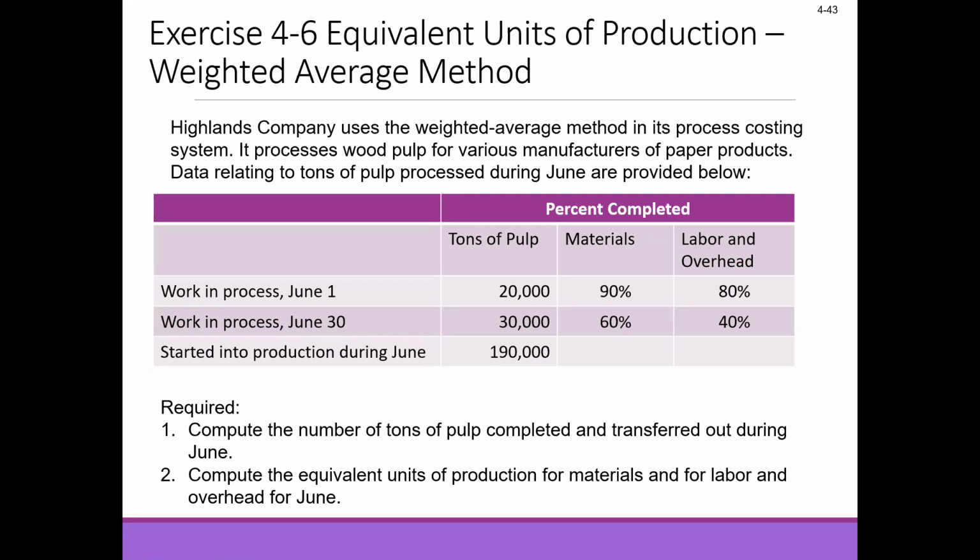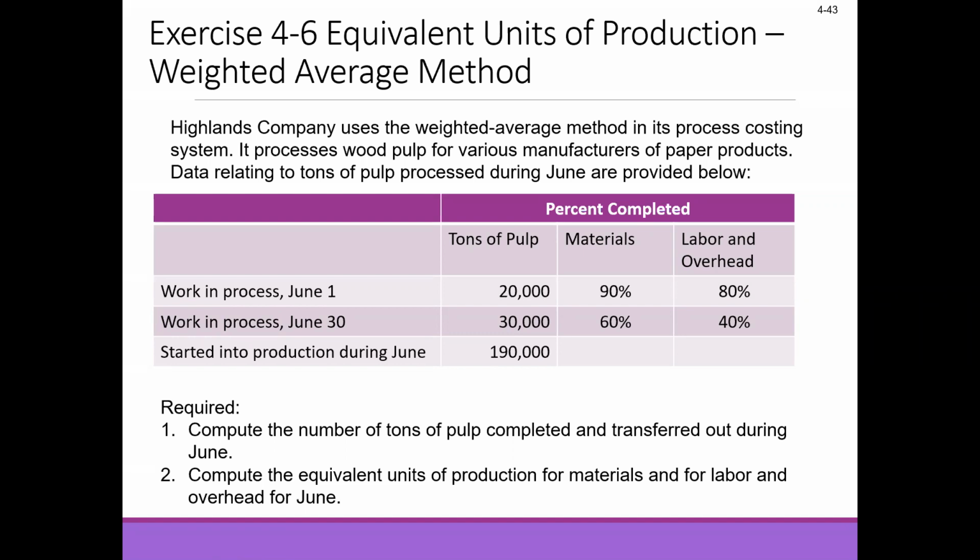We show work in process as of June 30th, the end of the month, 30,000 tons of pulp are in work in process at the end of the month, with 60% completed of materials, 40% completed of conversion costs.